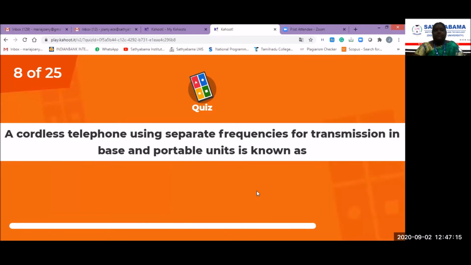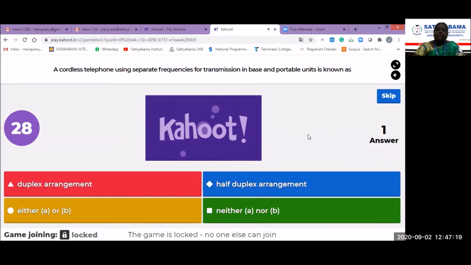A cordless telephone using separate frequencies for transmission in the base and the portable unit is called what kind of arrangement?